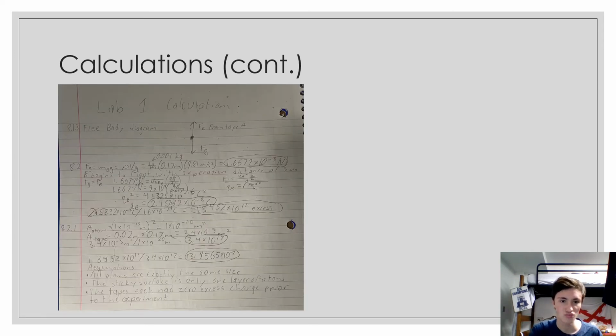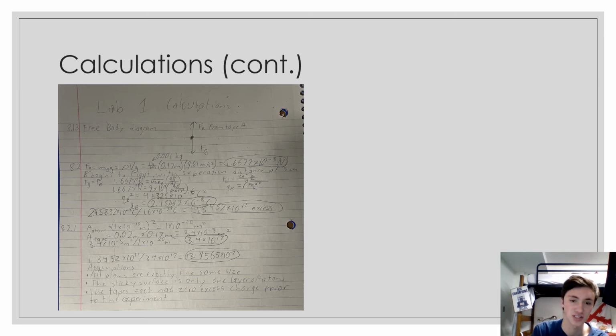So, as you can see here from the free body diagram, since the charged tape was at equilibrium, the force of gravity acting downwards on the tape equaled the electric force from the tape on the bottom acting upwards on the floating piece of tape. Therefore, by setting these two forces equal to each other and being able to easily calculate the gravitational force, I was able to create an equation to solve for the charge on the tape by using Coulomb's law for the electric force, and then plugging in all the values and moving the charge quantity to one side of the equation and all the values to the other.